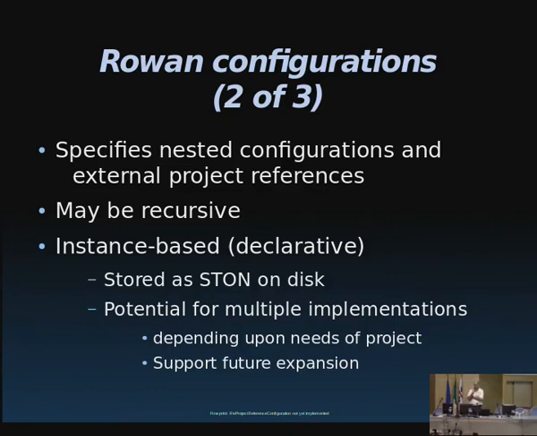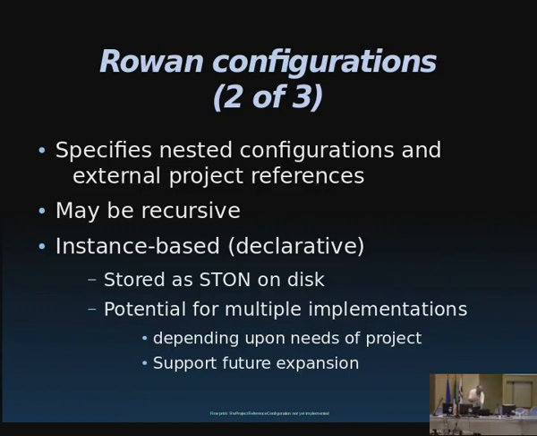And I think it's not a bad model. If you think about a method in a class, it can reference every class in the system, can't it? And it will work perfectly correctly. And yet, what would the dependency look like for one of those methods? Anyway, you go crazy. And configurations are instance-based, declarative, stored as STON, and same thing.